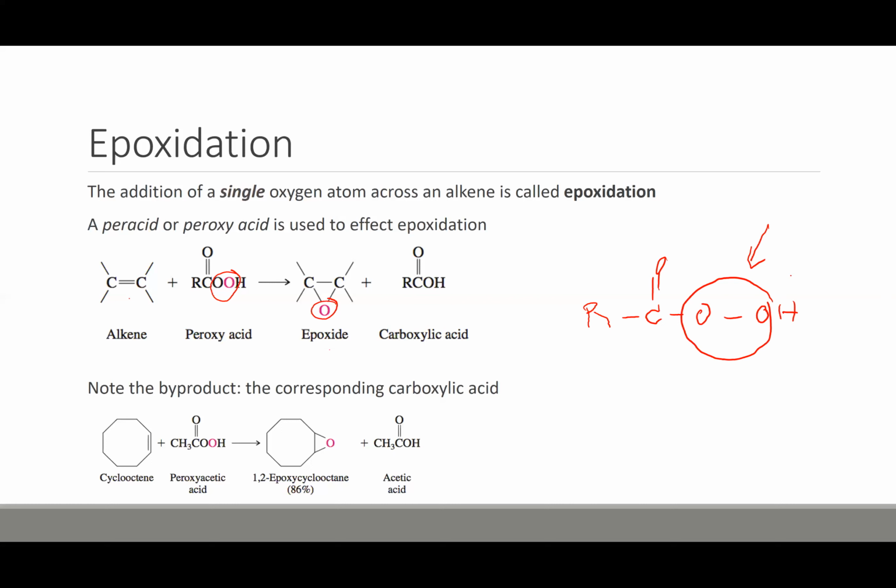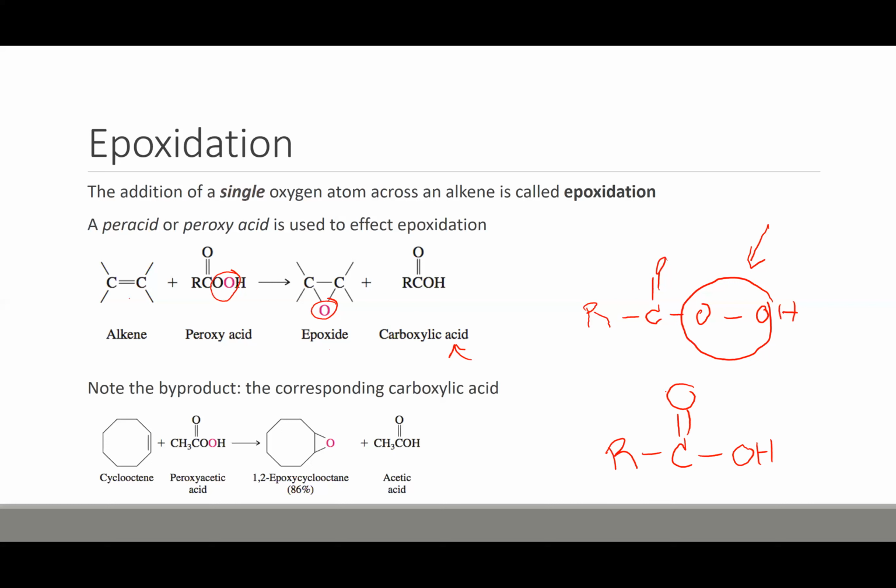And note that the corresponding byproduct is a carboxylic acid. Remember, carboxylic acids, if you look at your functional groups, are carbonyls. So they have this double bond to oxygen that have an OH group on them. This is the general format of a carboxylic acid. So you form an epoxide from your double bond, and you're left with a carboxylic acid.